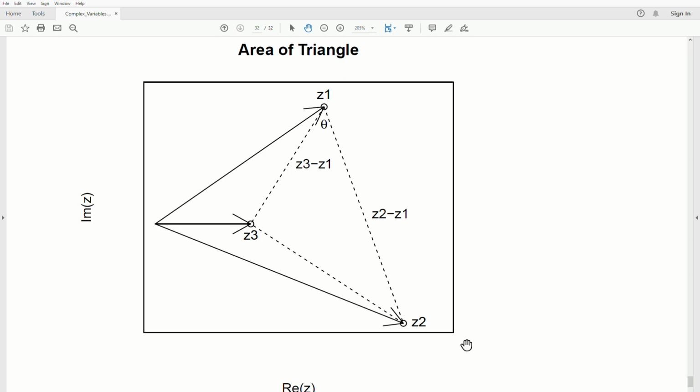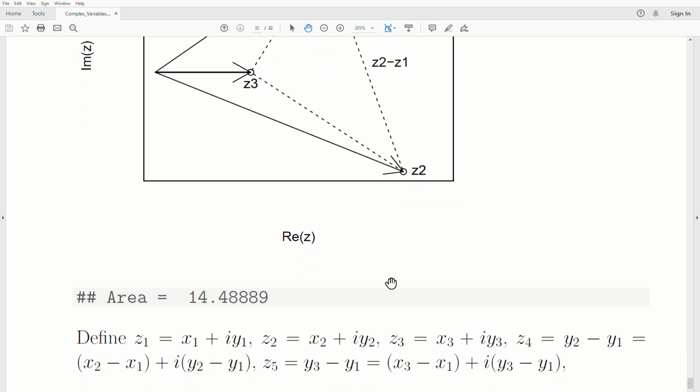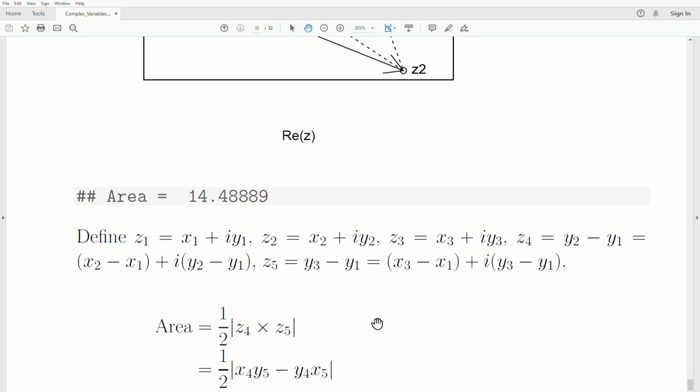But then this triangle is really half of the parallelogram. So we just calculate the area of the parallelogram and divide it by 2, and that's the area of this triangle. And so that's what we do. We take these vectors and then calculate the area of a parallelogram.